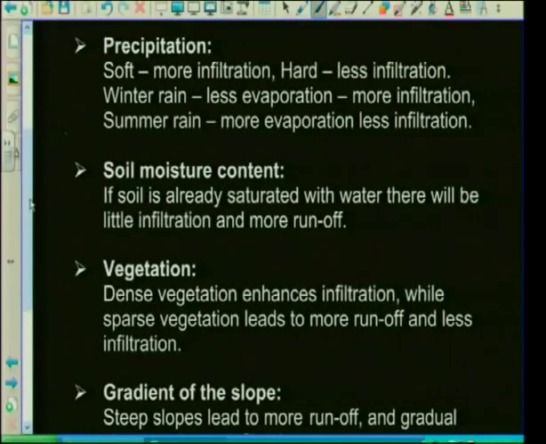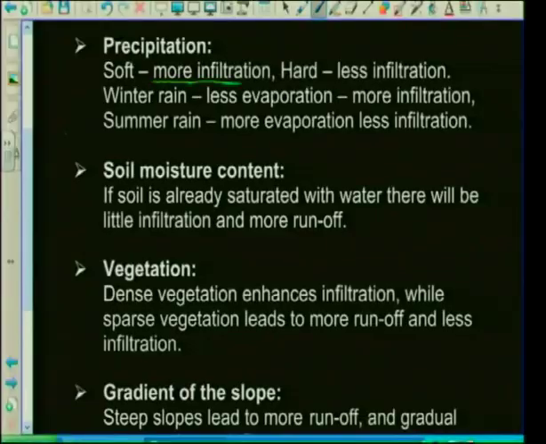So the first factor that we are going to look at is what we refer to as precipitation. I've already explained that precipitation is any moisture that is coming out of the Earth's atmosphere towards the surface of the Earth. First of all, if our rain is nice and soft and gentle, it's going to encourage more infiltration.